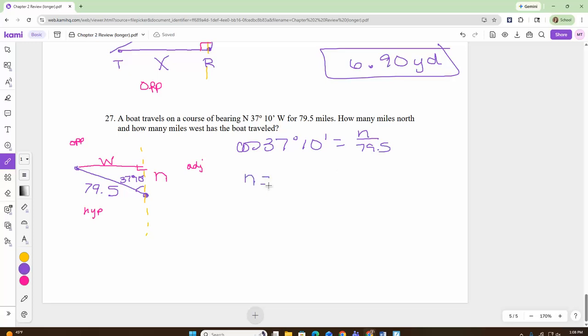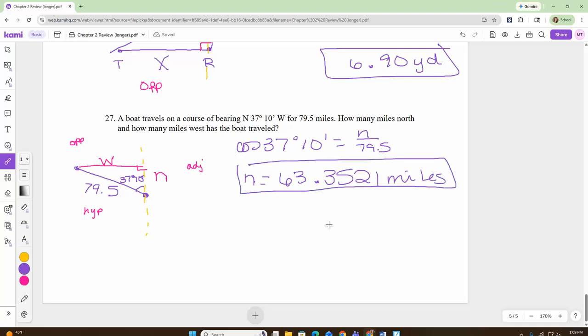So if we multiply over the 79.5, I didn't say you had to use significant digits, so we can keep more. So I get 63.3521 miles. If I want my west, that's opposite.